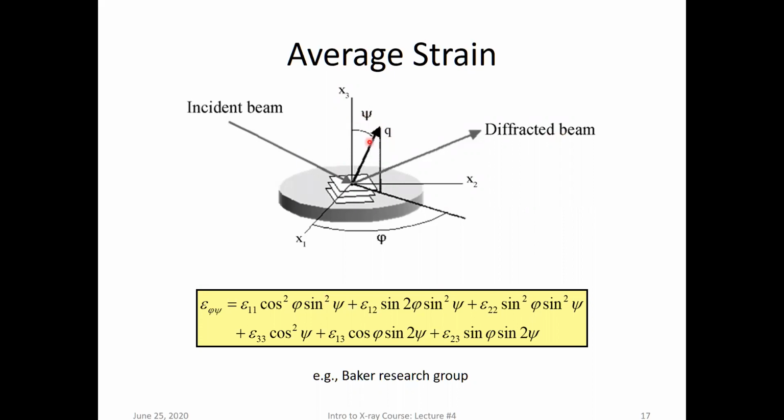I don't want to go through all the details here, but you look at these angles psi and phi and characterize the direction of q. If you go through the calculation, you'll see that the strain comes out with this formula. You notice all these psi squareds here. If I plot the measured strain versus psi squared to the q position, you can actually pull out these coefficients by doing a psi squared measurement.